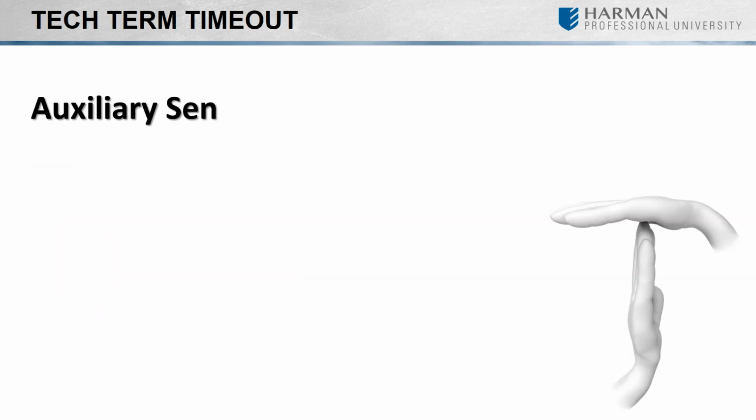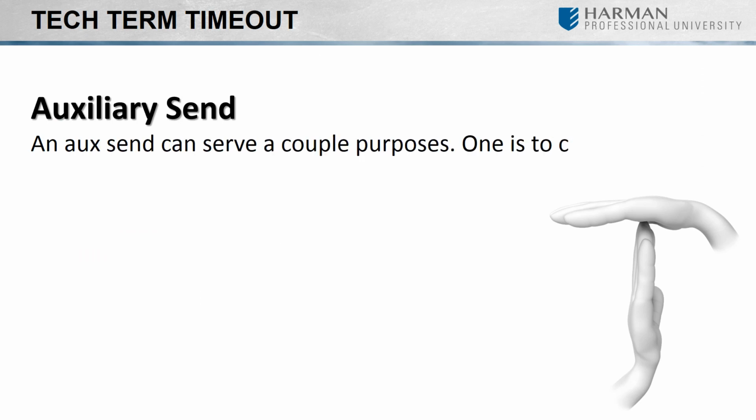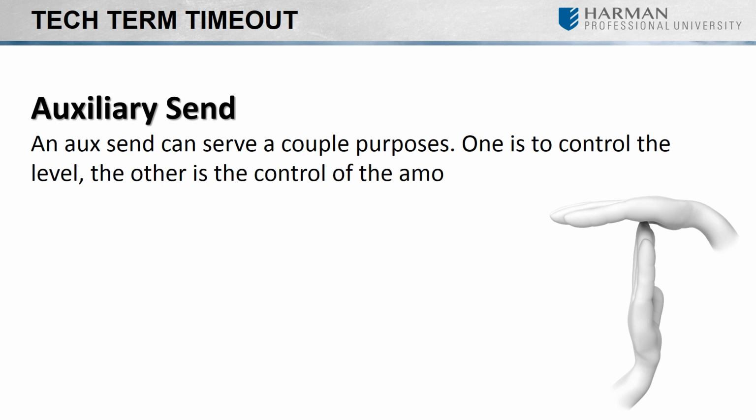An auxiliary send can serve a couple purposes. One is to control the level of the channel in a monitor mix for a musician or presenter, allowing them to hear what they are doing. Using the aux send in this fashion requires communication between the performer and the console operator. Another use for an aux send is to control the amount of the source audio that is being sent to an external effects processor, such as a delay or a reverb.